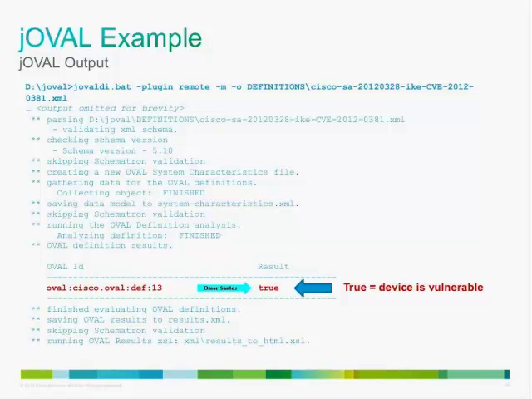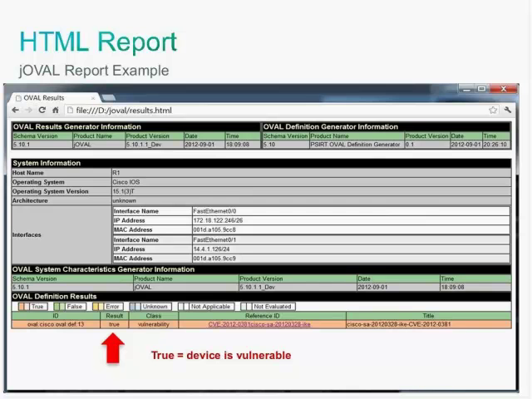Of course, it creates an XML, and it can also create an HTML report, just like this one, where it tells you the IP address of the device and the operating system version. In this case, that IOS router was running 15.1.3T.